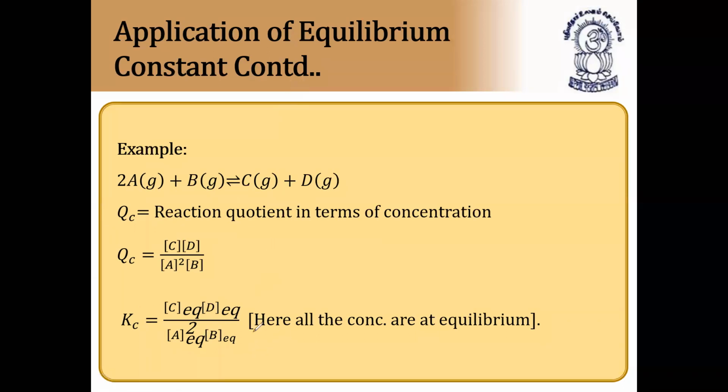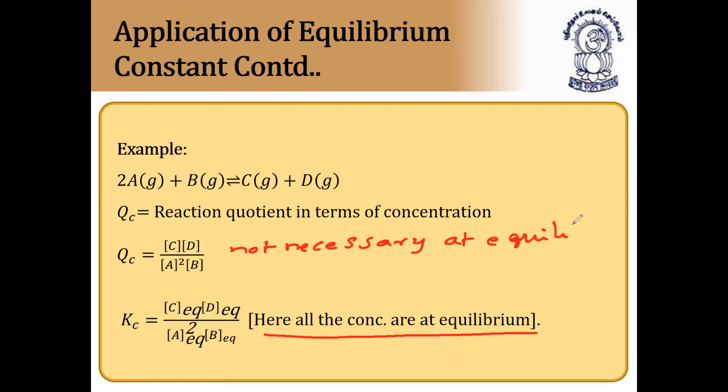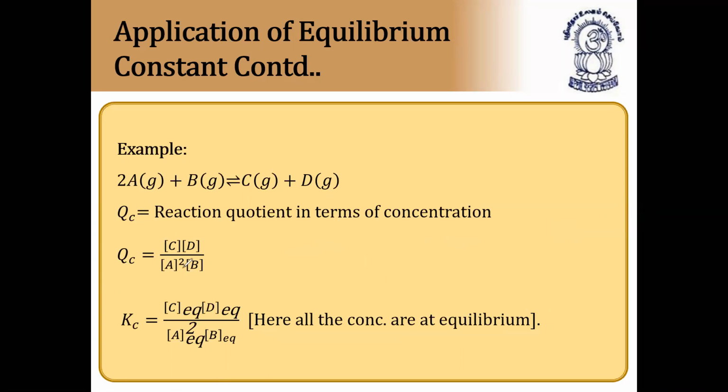And here they are not necessarily at equilibrium. So by using Qc value, we can say whether it is at equilibrium or not. So this is the difference between Qc and Kc. Very, very important. Please note it down in your classwork. So Qc concentrations are not necessarily at equilibrium.